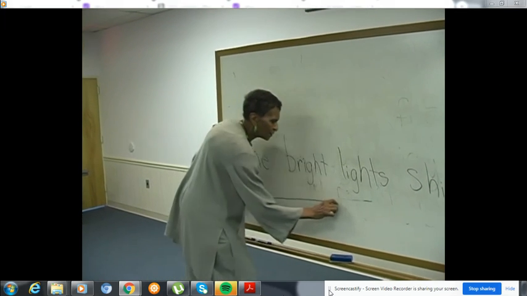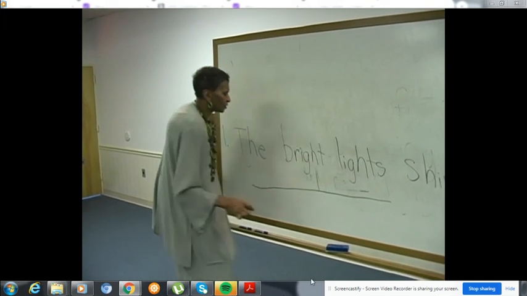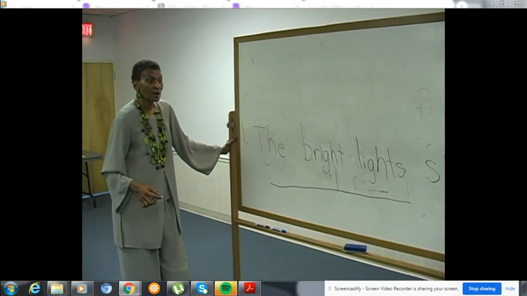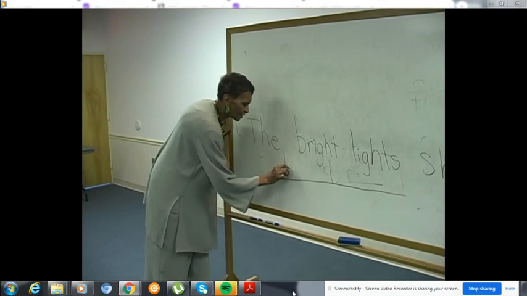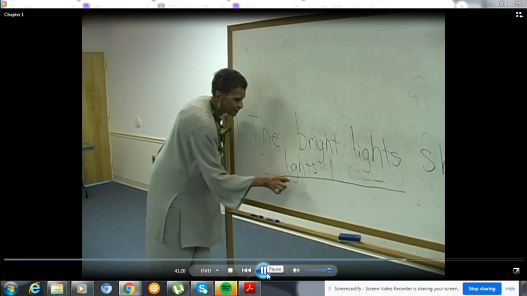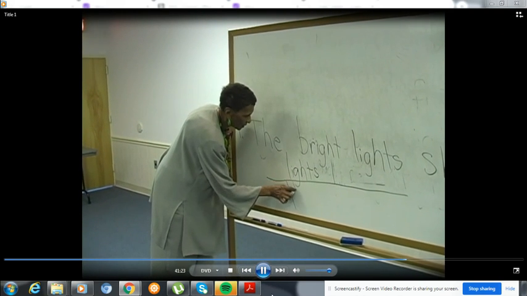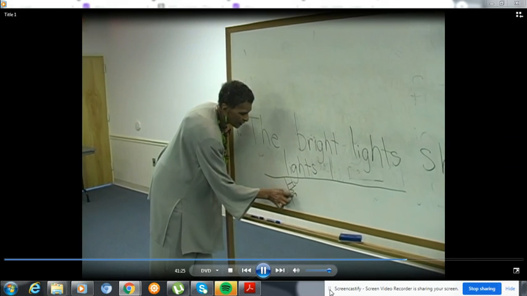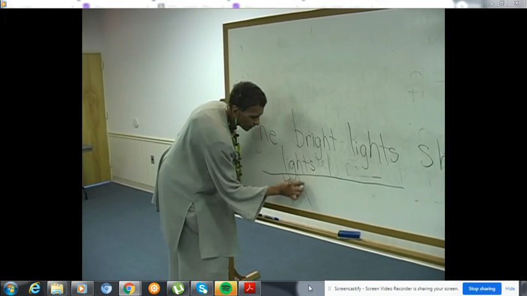Okay. Now let's diagram the sentence. What's the subject of the sentence? Lights. That's our noun. What lights? The. What else are they? Bright.